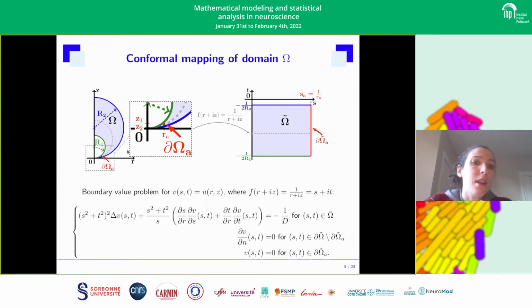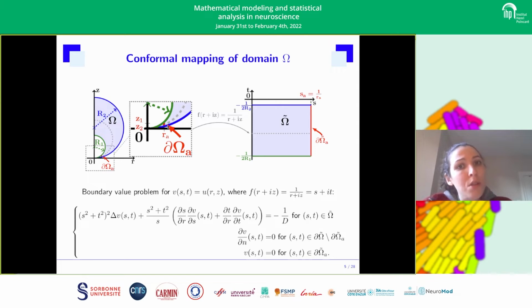We were expecting that the time it takes for a Brownian particle to reach the red boundary here would pretty much depend on how far you are on the circles here. That would be all the circles that are tangent at 0. It's probably not where you are in x or in r or where you are in z, but probably, at least at first order, where you are on the circle.